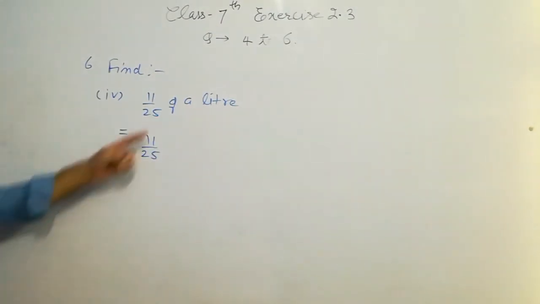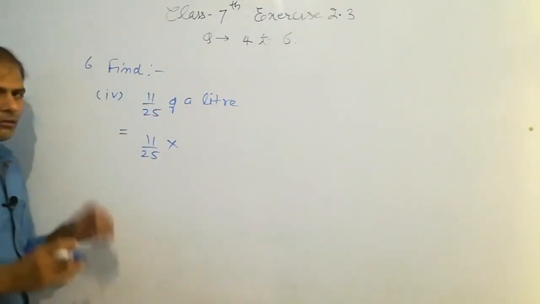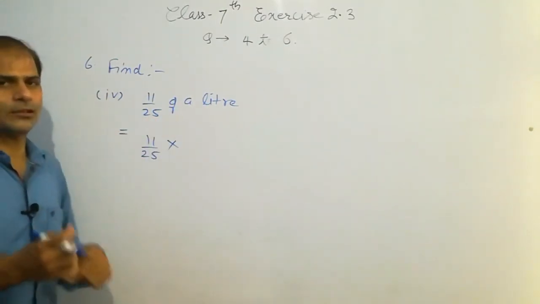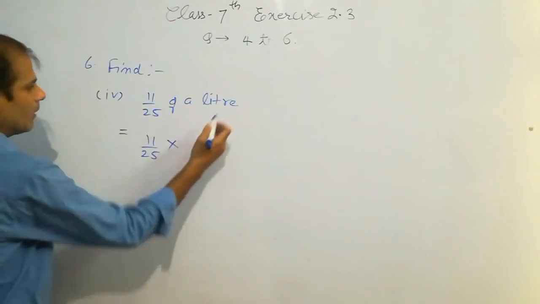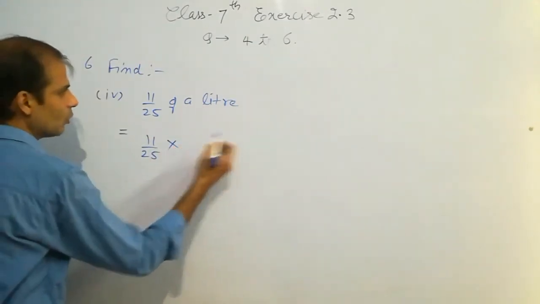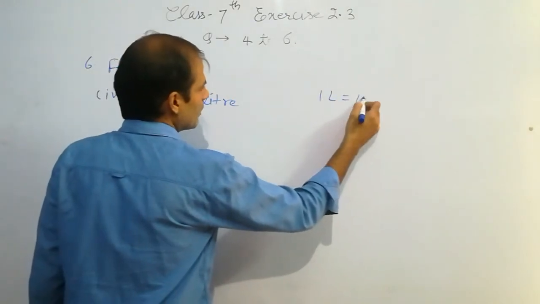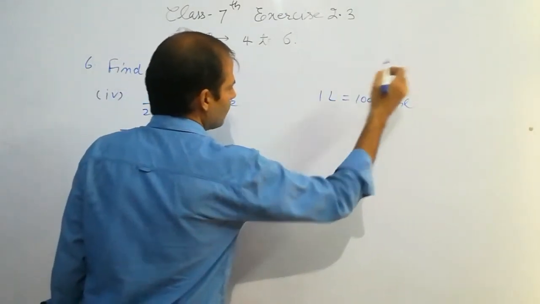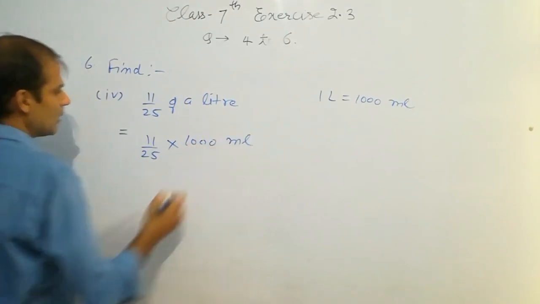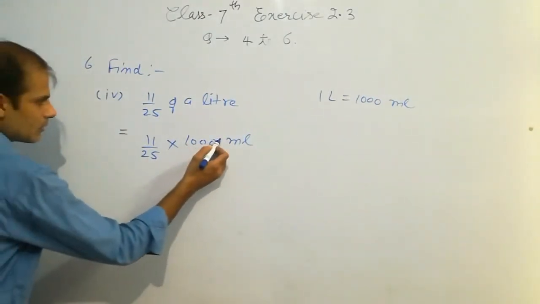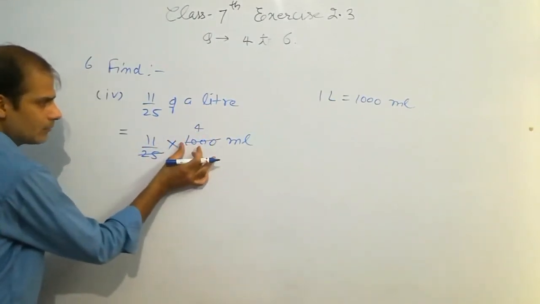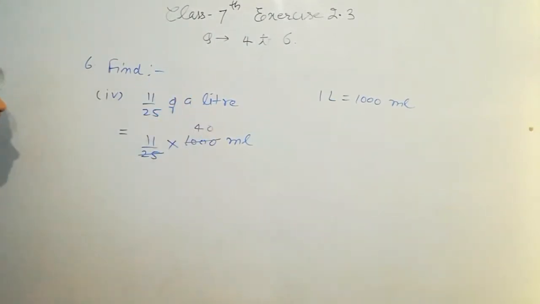Now it is 11/25. Of means multiply. Whenever you see this word, of, convert it into multiplication. A liter means we have to convert this into milliliter. As you know, 1 liter equals 1000 milliliter. So write 1000 milliliter. Now this 1000 is divisible by 25. 25 4s are 100. The remaining 0 we will put here.